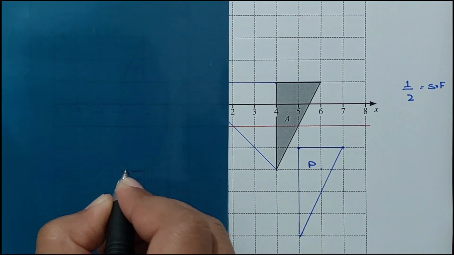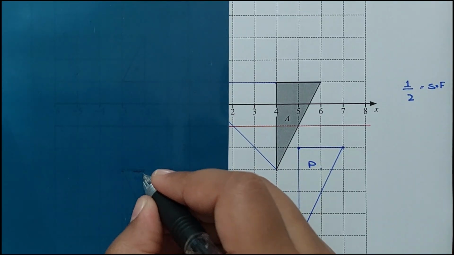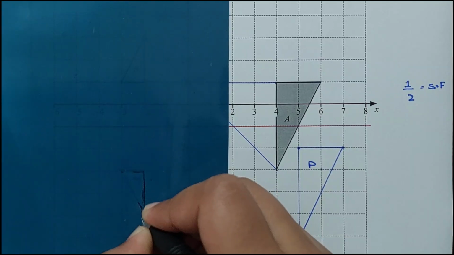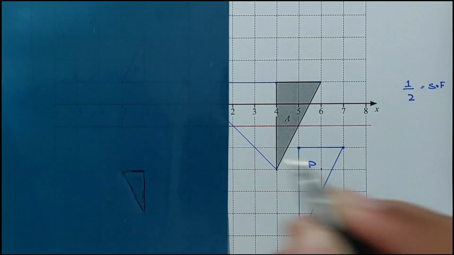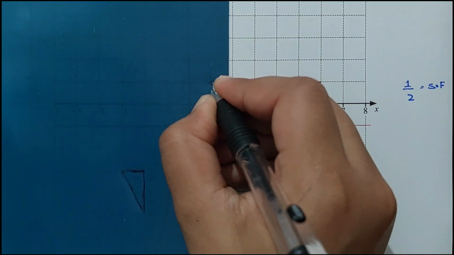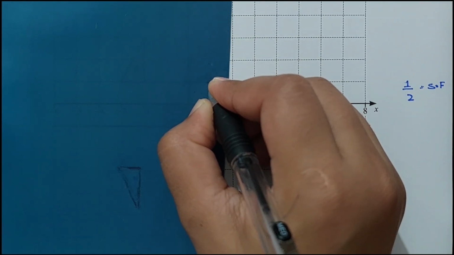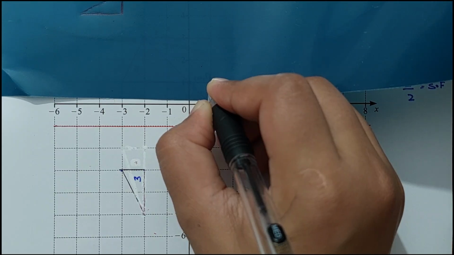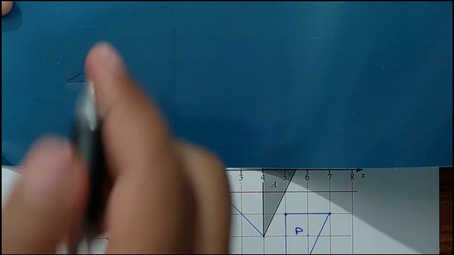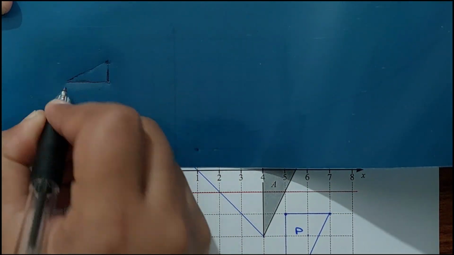So this is the shape M. Let me draw it over here on the tracing paper. Okay, and this is my center. Let me rotate this 90 degrees clockwise. These are going to be my coordinates now. This one, and this one.